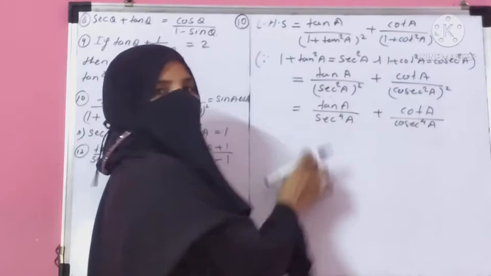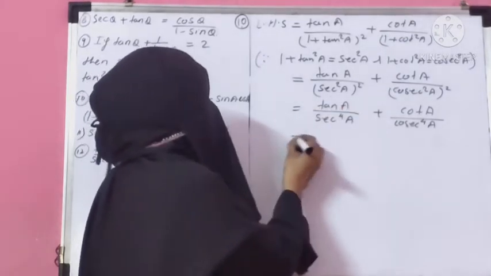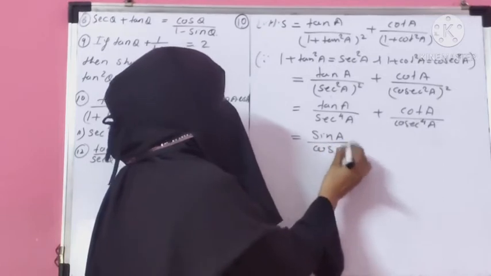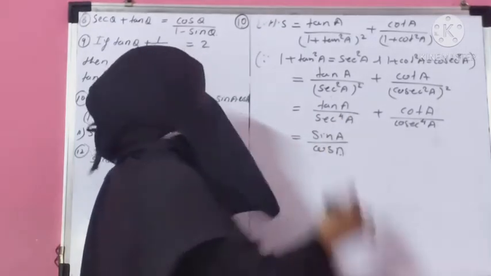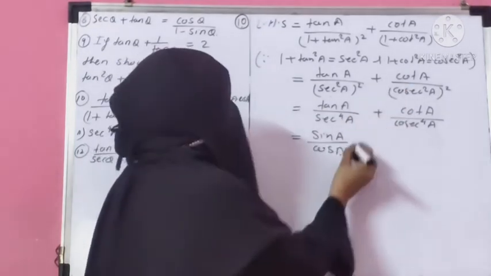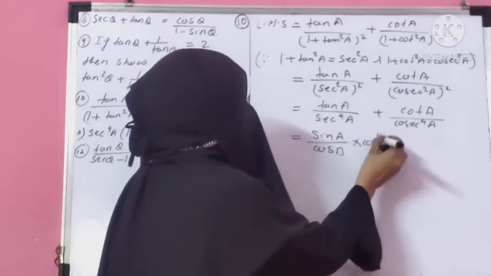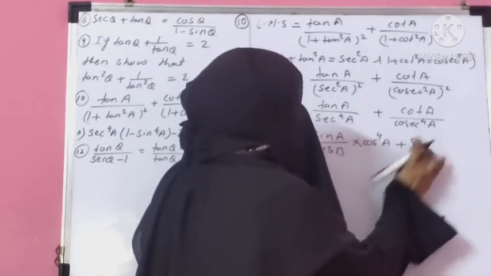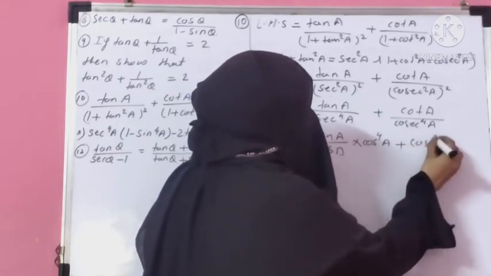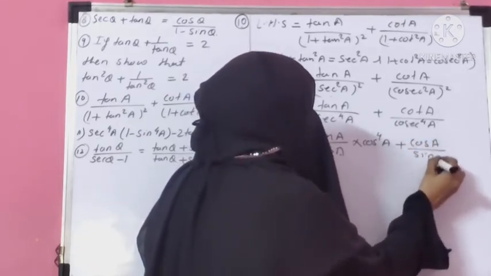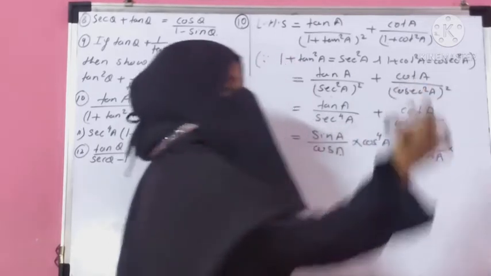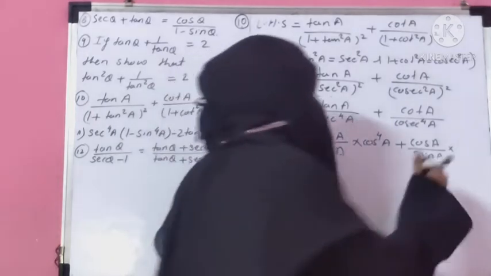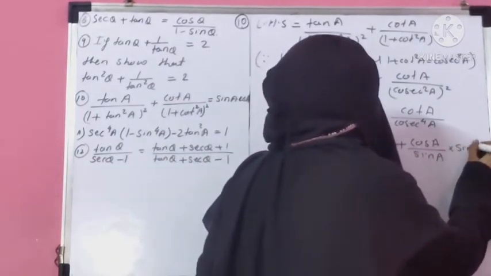In place of tan A you can write sine A upon cos A. Plus cot A is nothing but cos A upon sine A, into 1 upon cosec raised to 4A. 1 upon cosec is sine, so it's sine raised to 4.